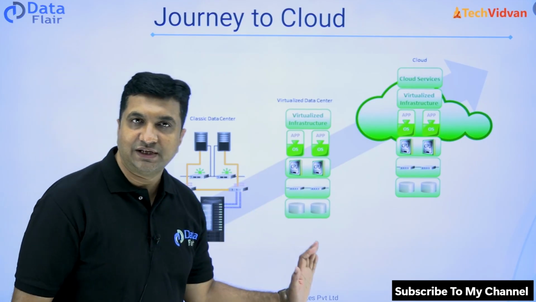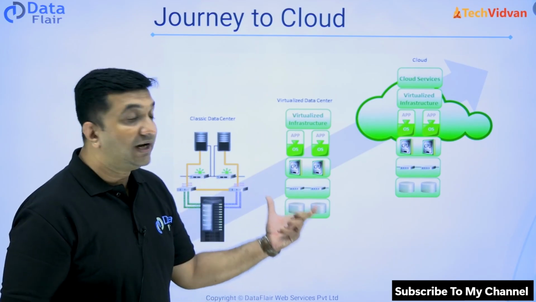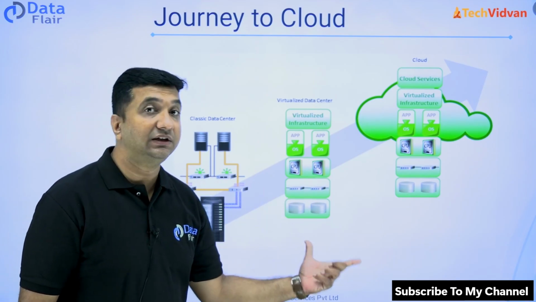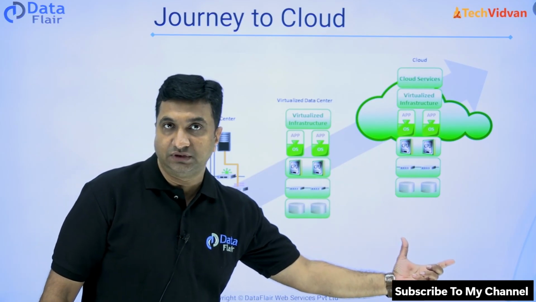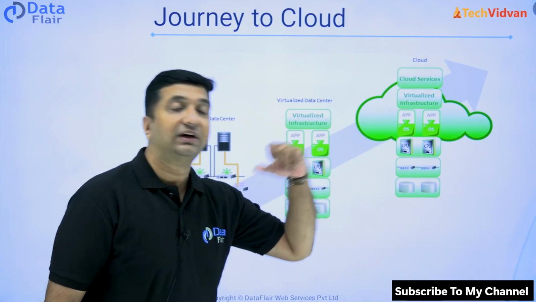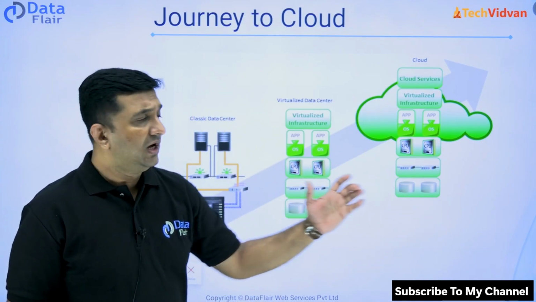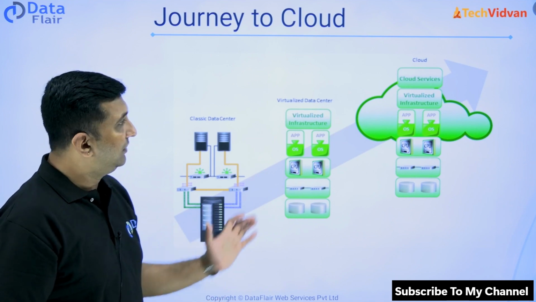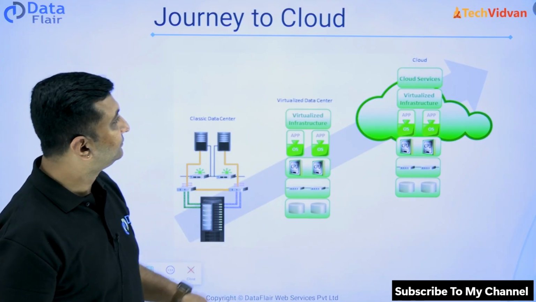We added virtualization technology to improve the utilization of hardware and other resources. And then when it is bundled in the form of services, it becomes cloud computing. We'll talk more about it, just to give you a glimpse of how we started and how we came to cloud computing.